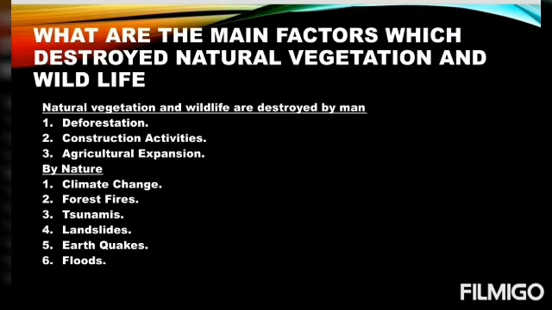It includes deforestation, construction activities and agricultural expansion. The next one is that natural vegetation and wildlife are destroyed by nature. That is climate change, forest fires, tsunamis, landslides, earthquakes and floods.